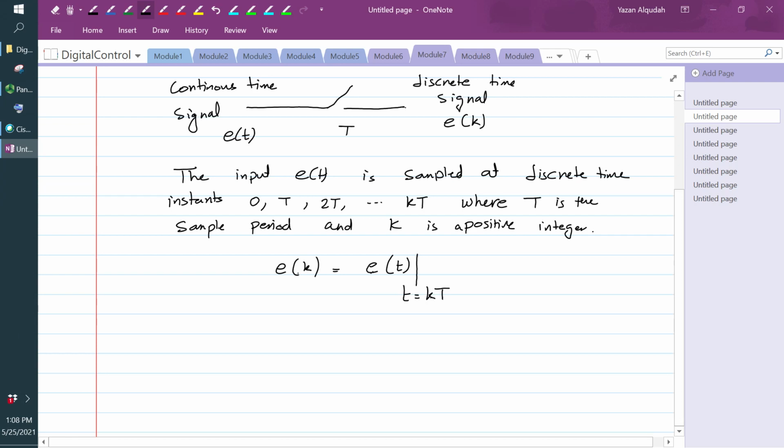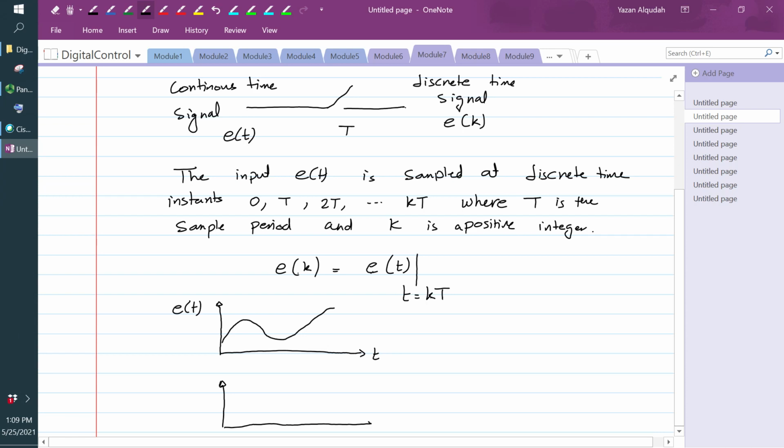Okay, I can illustrate this relationship by the figure here. Let's say my continuous time signal looks something like this. So this is my E of t and this is my continuous time axis t.